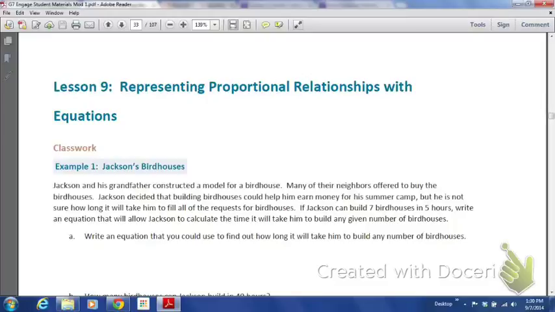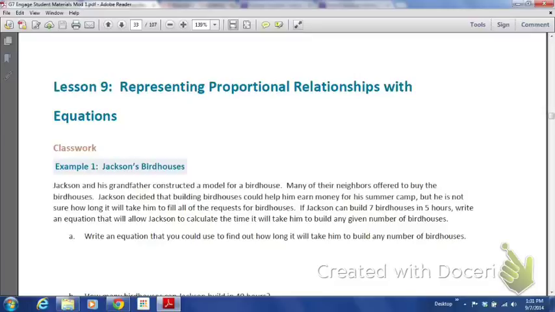We're going to do this in relation to equations and their corresponding ratio table and graphical representations, which are our coordinate graphs.